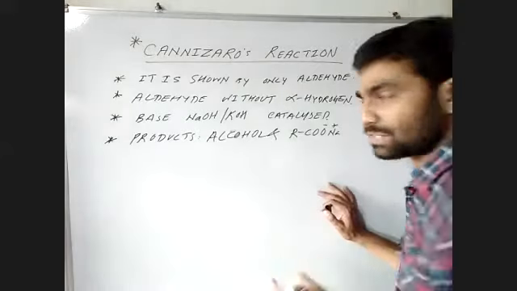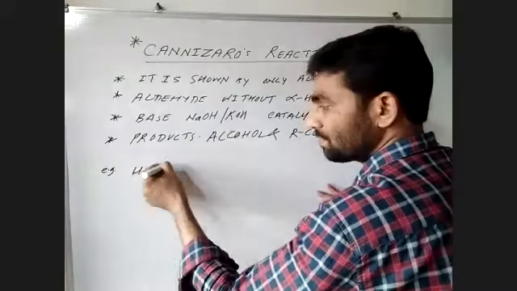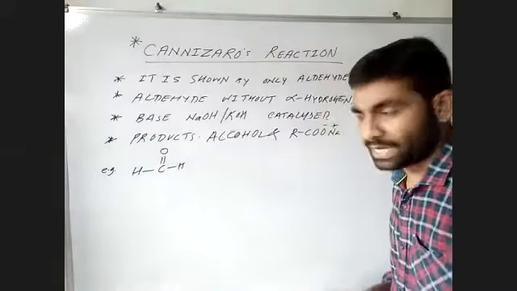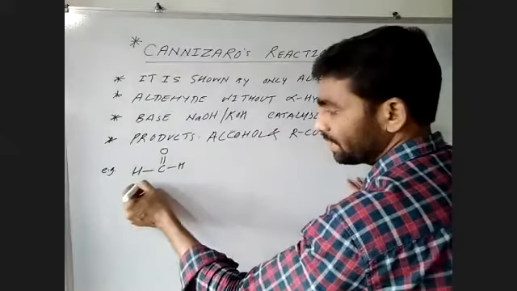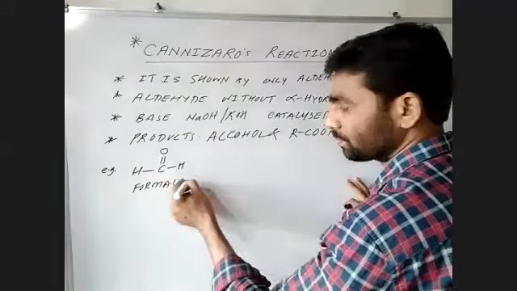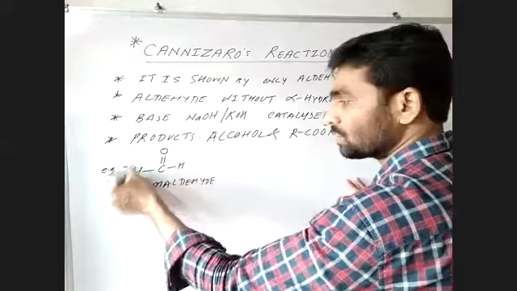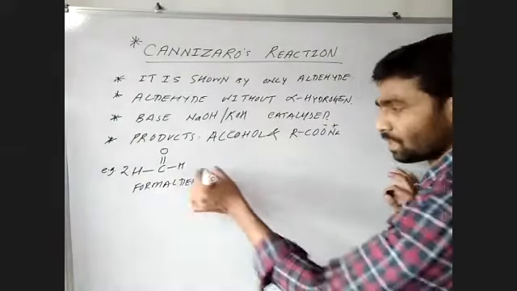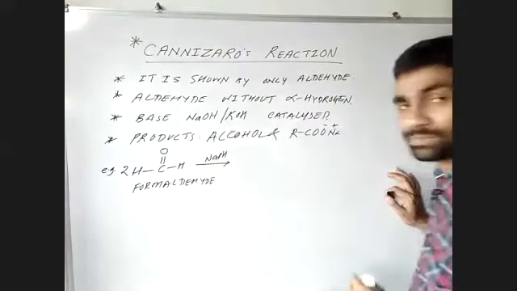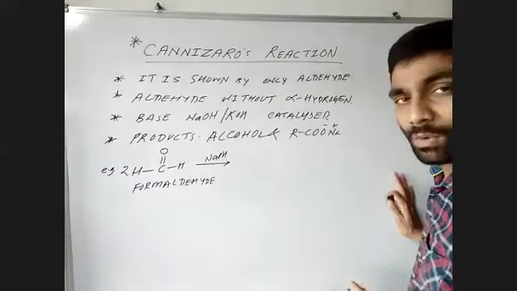Let us go for examples. First of all, we will go for the first example which does not have the alpha hydrogen. That is the first member of aldehyde, the formaldehyde. So formaldehyde easily undergoes Cannizzaro reaction. And like aldol, here also we can use two molecules. When this is reacted with NaOH, two products will form.